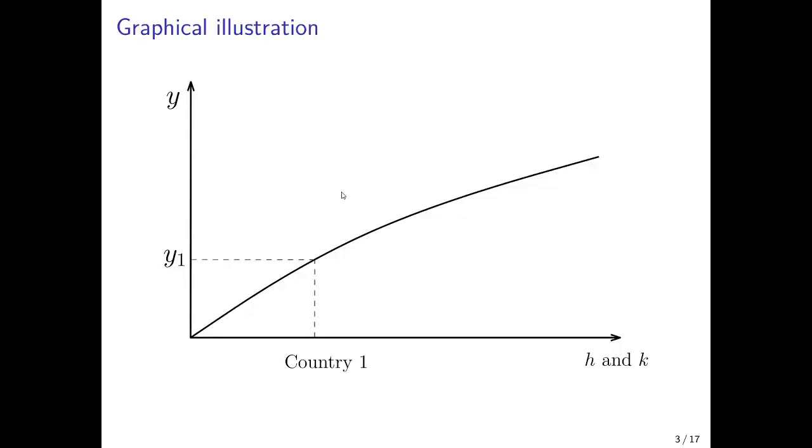Before we do that, a short graphical illustration of our analysis so far. We looked at basically two countries. Country one had a certain endowment of human capital per worker and physical capital per worker, and therefore along its production function would have a certain output per worker.